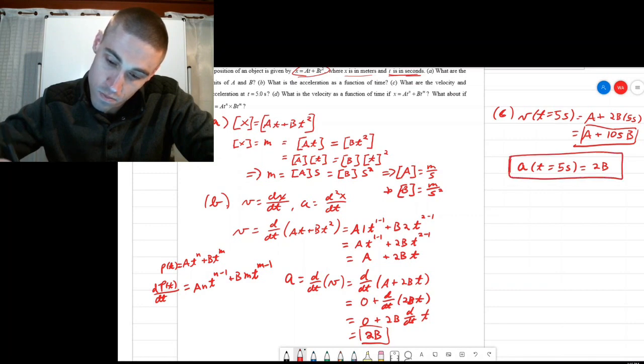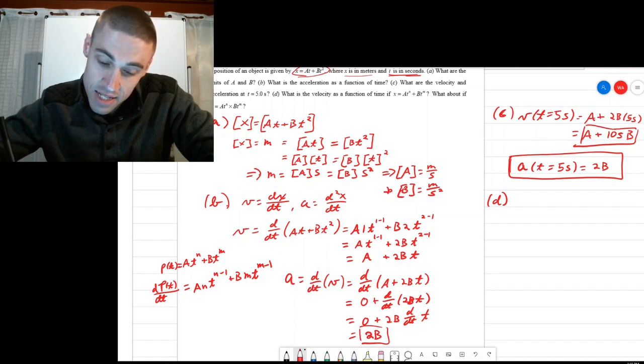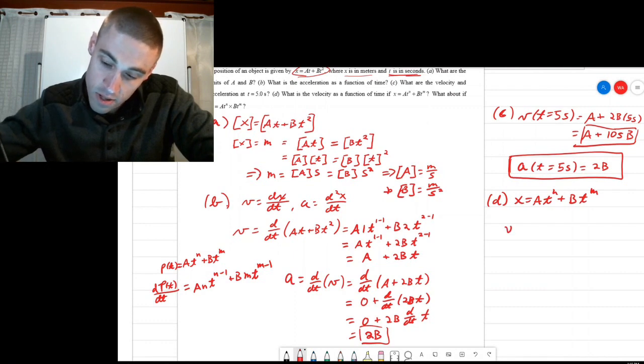Cool. Now, part D asks, what is the velocity as a function of time if x equals, now we have a t to the n plus b t to the m. Okay, so x equals a t to the n plus b t to the m. Now what is the velocity? Well, v is dx dt.